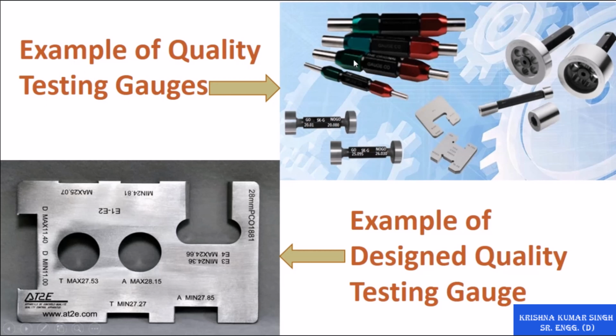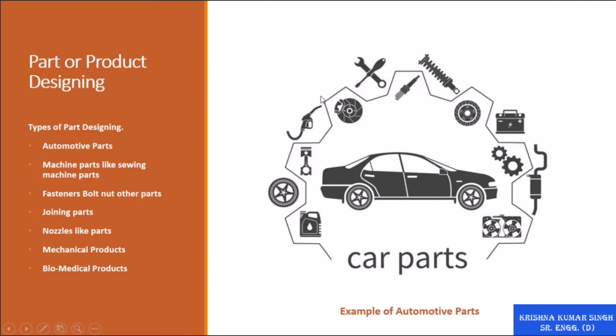This gauge designing requires depth. The specialized course will tell you everything about the extent of these kinds of gauges, which are standardized to be available in the market. Then there is product designing. It's a very fascinating domain, and there are a lot of things involved in that, like market research, reverse engineering, project management, project timelines. Sometimes we need to design some parts, maybe automotive parts, fasteners, little parts, or biomedical products.